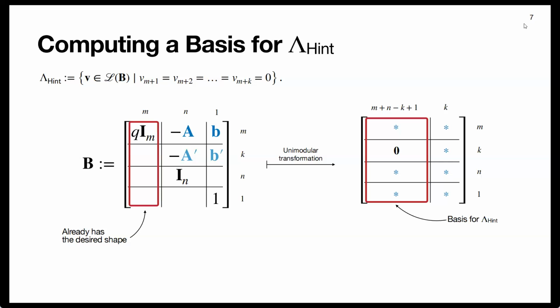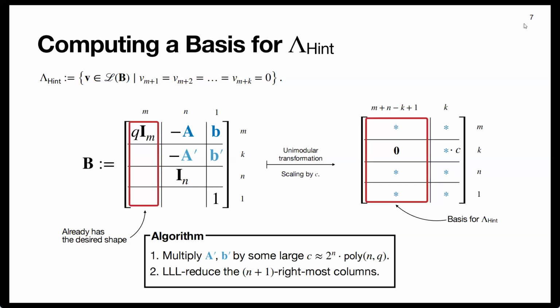And how do we turn this thing into all zeros here? Well, basically in 2 simple steps. First, we multiply this a prime here and this b prime here by a large constant c, which is exponential in n and polynomial in q. And then we simply LLL reduce the n plus 1 dimensional lattice. And then we will in fact get something that looks like this. Why is that? The LLL algorithm will try to find vectors that are shorter than this constant.